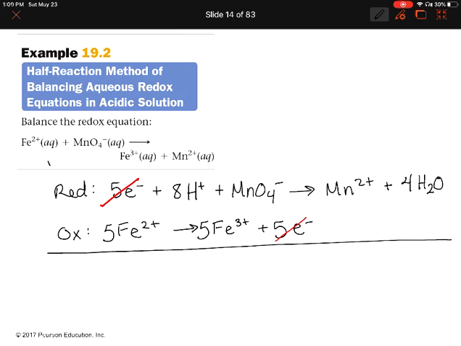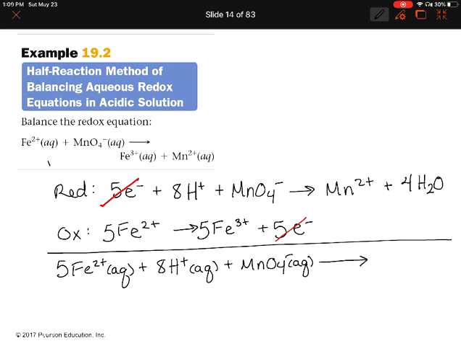So what's left over, we have 5 Fe2 plus, which will be aqueous, and then 8 hydrogen ions, which are aqueous. And then we also have our permanganate ion, which is aqueous. And then in the products, we have 5 iron 3 plus ions, which are aqueous, a manganese ion, which is aqueous, and 4 water molecules, which are a liquid.